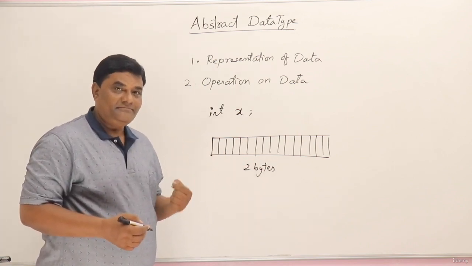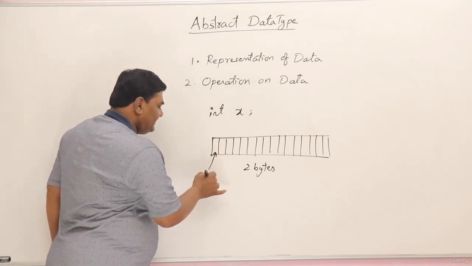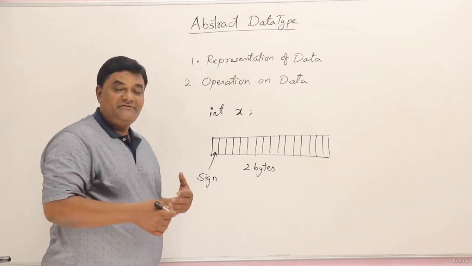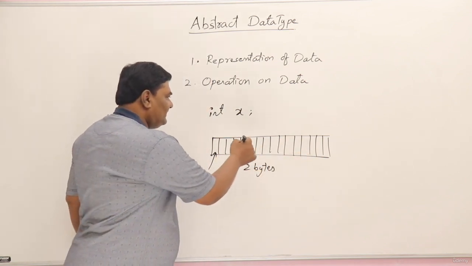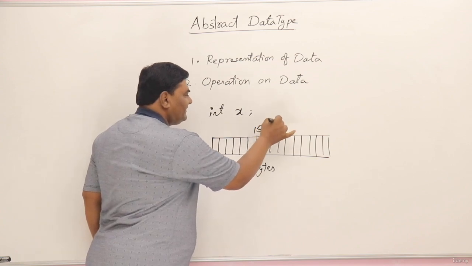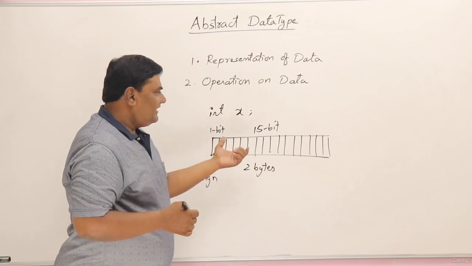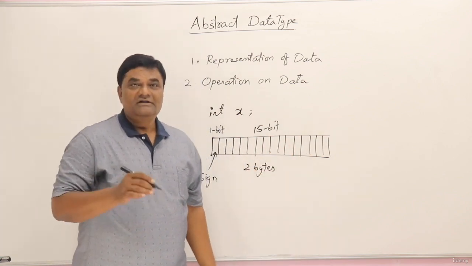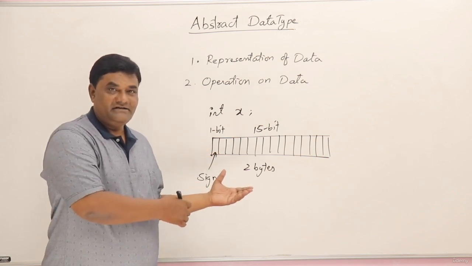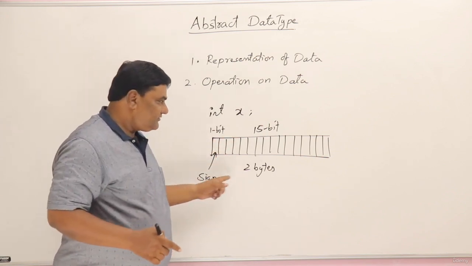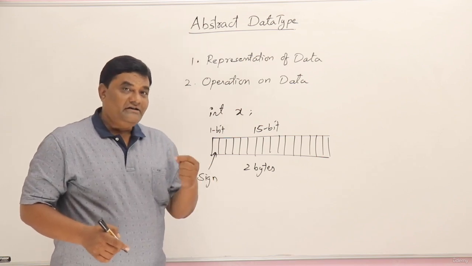In this, 1 bit is reserved as sign bit to allow both positive as well as negative numbers, and the rest of the 15 bits are for storing data, that is any number. This is how an integer is represented inside the memory in 2 bytes. So this is the representation of integer data type.